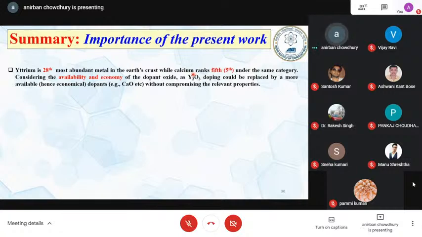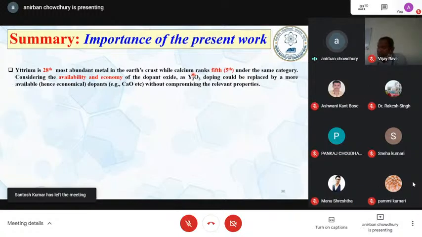And this is the thing that has made many industries interested in our work. Our prime minister these days, constantly on the days of COVID, has been talking about Atmanirbhar India. If we can make this in bigger scale, we don't have to rely on China or Japan for importing this material, the doped zirconia.